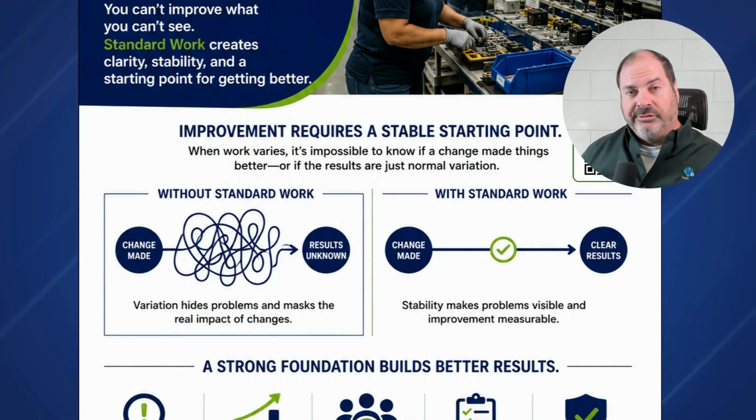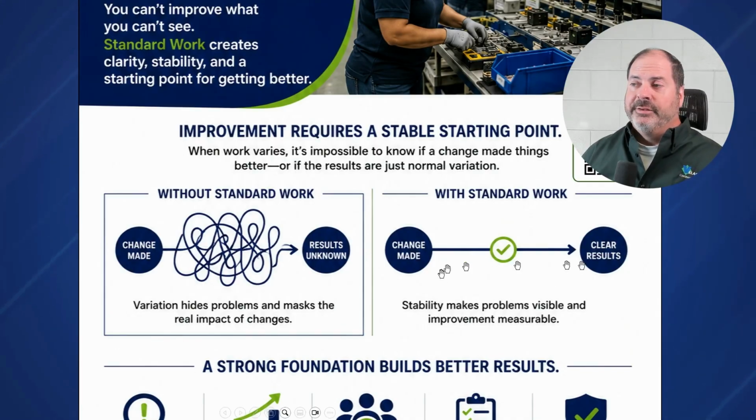But now the problem is, if you don't have good standard work in place, let's say you make an improvement and 3 different people doing the same process all do it different ways, you don't know if the improvement worked or not because your results get kind of unknown. It may be better, but if 2 other people are doing things differently, or if people do it differently every time, or if the work is coming in differently, you never know whether that was really a true improvement or not.